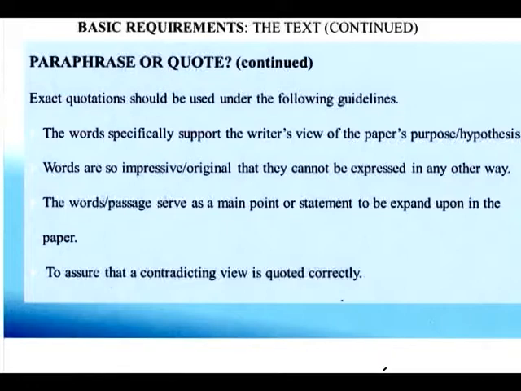And then last but not least, you will quote something from a writer or resource who's contradicting your view. And that shows the reader that there are those who disagree with what you are trying to prove in your paper. And you're not trying to say that there aren't others who disagree. So you might want to specifically quote some of those items from another resource that does not support your hypothesis.